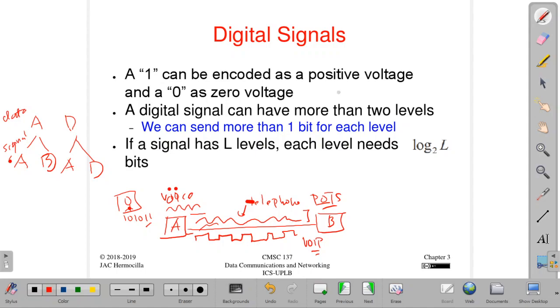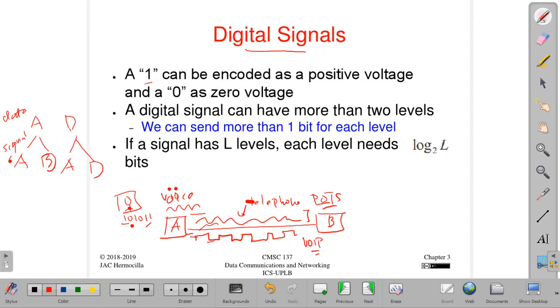So we now focus on digital signals. So the idea here is a 1, as in the case of a picture here, can be encoded as a positive voltage. This is a positive voltage, and a 0 can be encoded as a negative voltage.